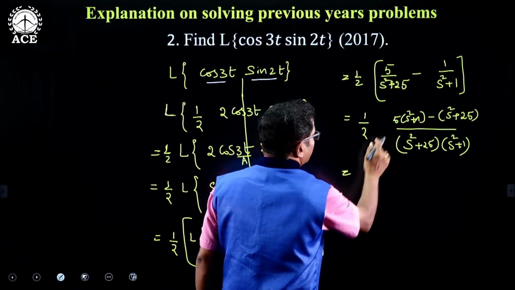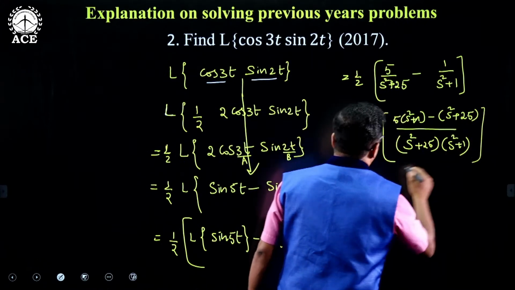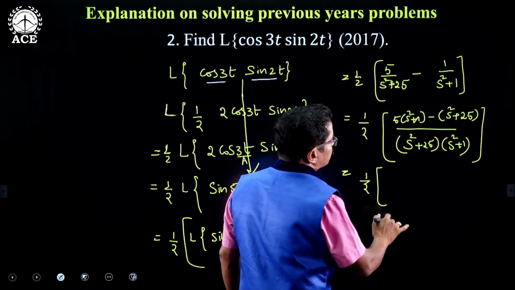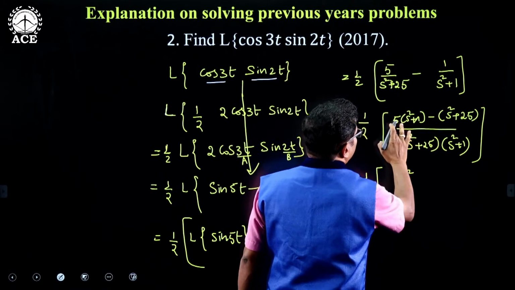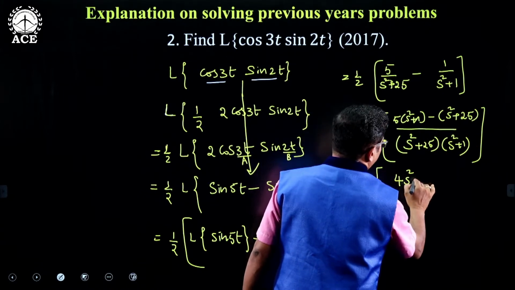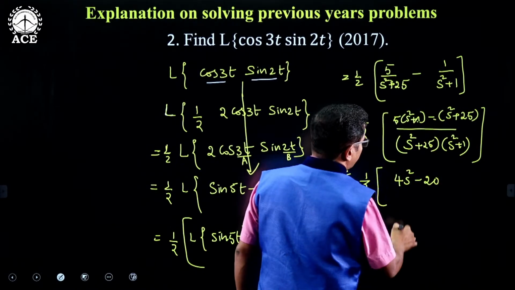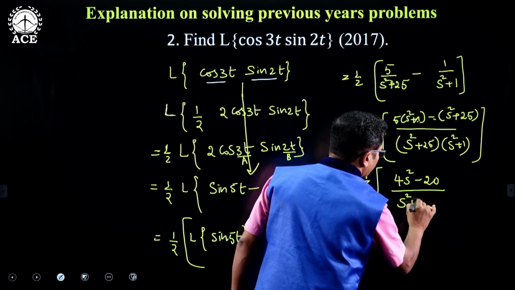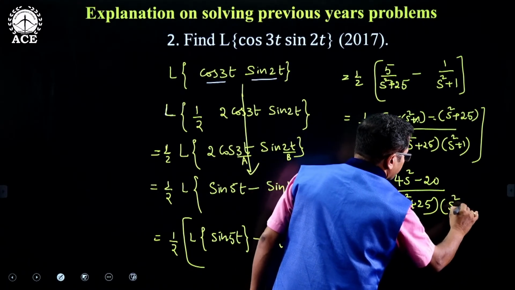Where LCM is in that case. Okay, so 1 by 2. So now 1 by 2 into 5 into s square is 5s square minus s square is 4s square plus 5 minus 25 is minus 20, by s square plus 25 into s square plus 1.